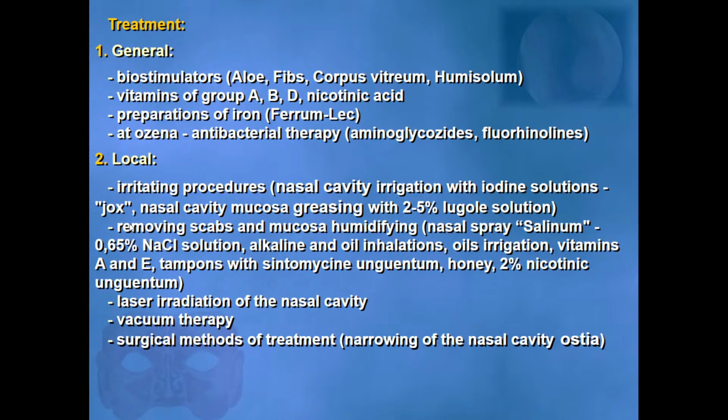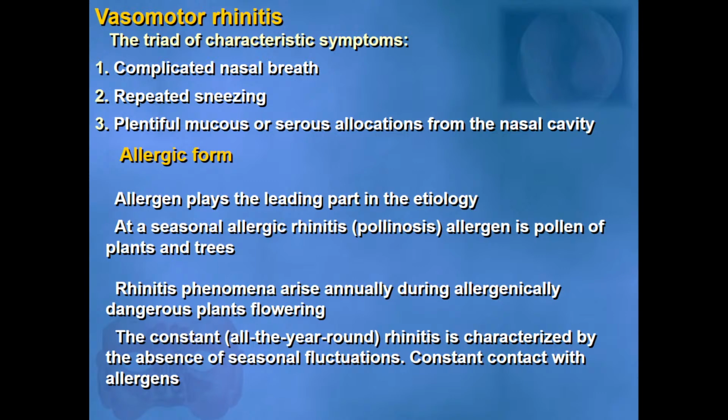Also you may use local procedures, irritating procedures, removing crusts and mucosa humidifying, laser irradiation of the nasal cavity, vacuum therapy, and sometimes, not very often, surgical methods of treatment may be used, and these methods are used for narrowing of the nasal cavity volume.